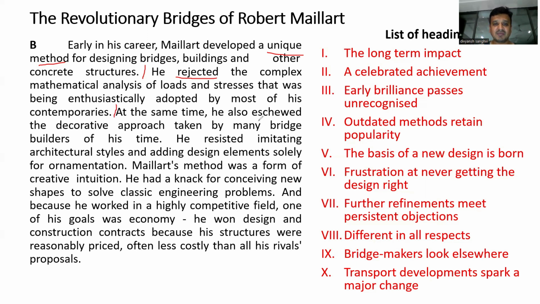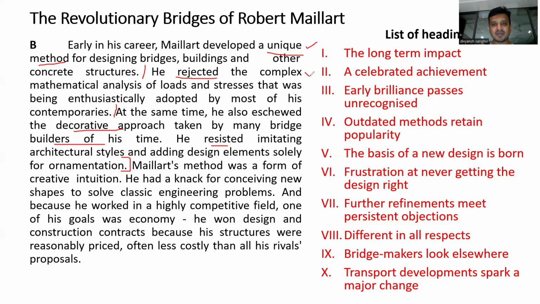Okay. At the same time, he also eschewed the decorative approach taken by many bridge builders of his time. The same thing, he didn't take the decorative approach like the other builders. He resisted imitating architectural styles. Again, this is something which he hasn't adopted. Now, if I sum up the whole thing, the first one is unique, which is different.